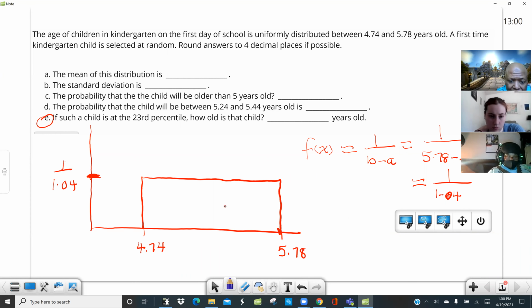They want you to find a value, yet to be determined. But that k, which you don't know just yet, is such that the area to the left of that k is the given percentile.